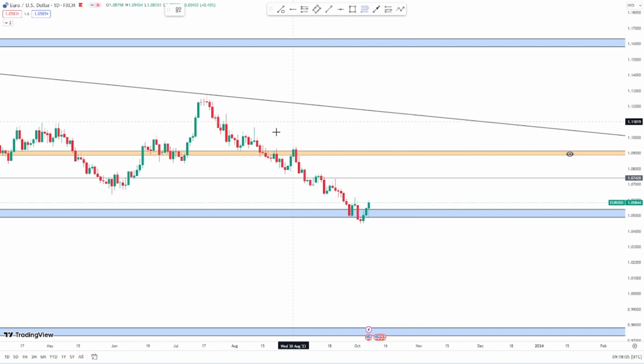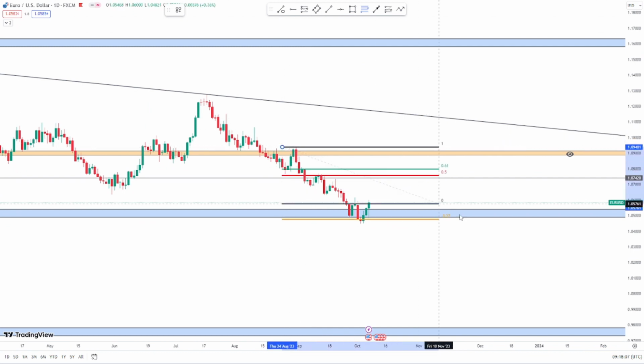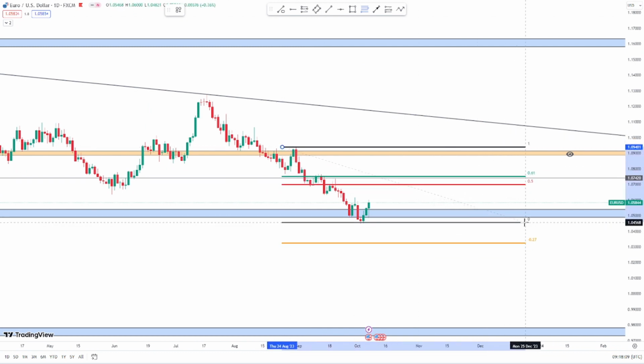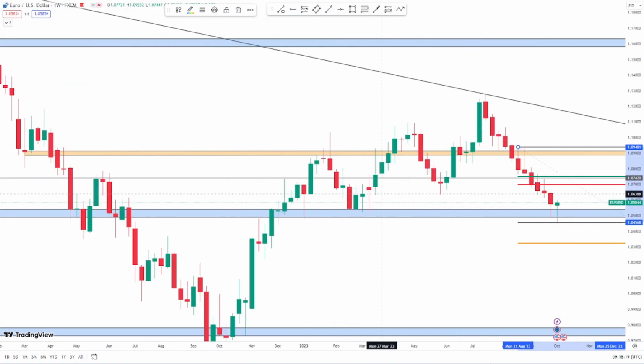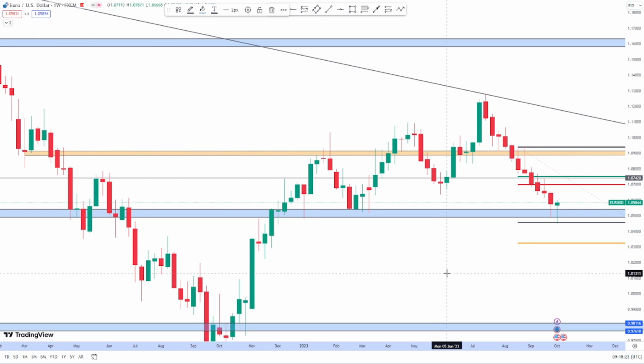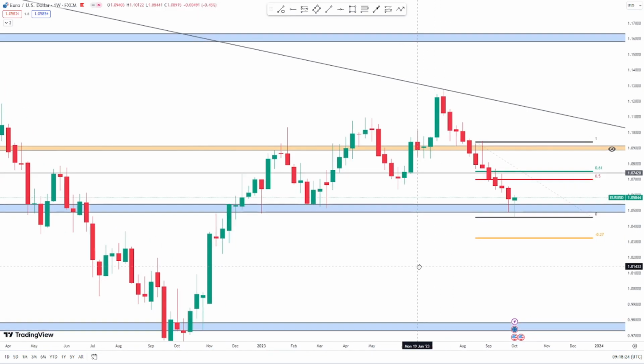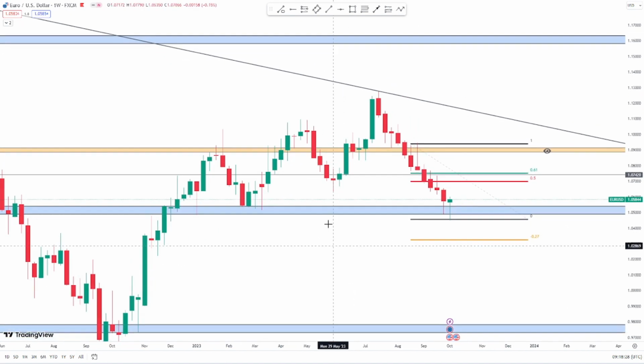So if we still drag our Fibonacci from swing high to swing low, we'll see that price has this supply region around here below. Let me take it to the weekly time frame quickly. Yeah, around here.